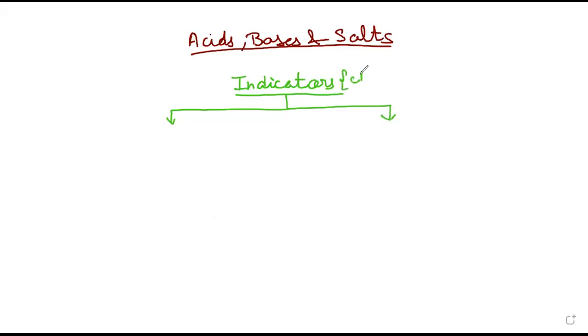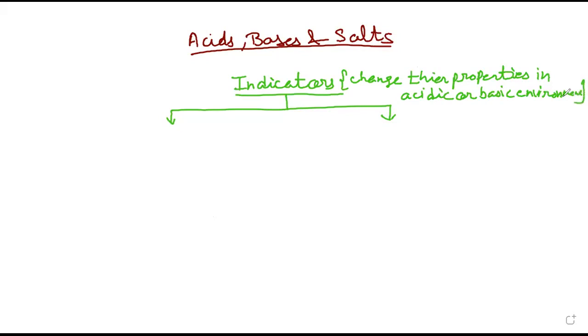Indicators are substances that change their properties in an acidic or basic environment. Whenever the environment changes, whether acidic or basic, they will change their properties. So what are these properties? They may change their color, they may change their smell. Right here, I am discussing the indicator which can change its color.